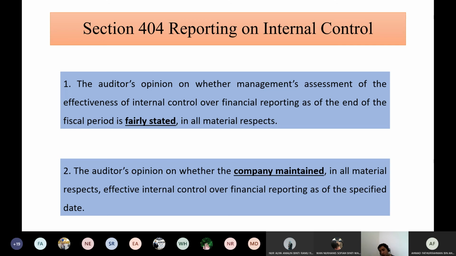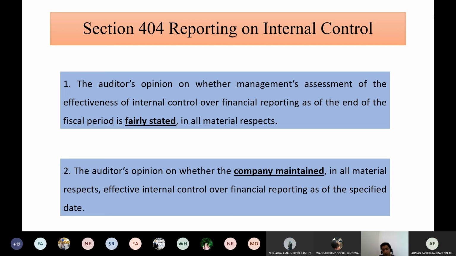Normally, if you download the annual report of any listed company in Bursa Malaysia, you will see a part where the management states a statement about the effectiveness of internal control over financial reporting.